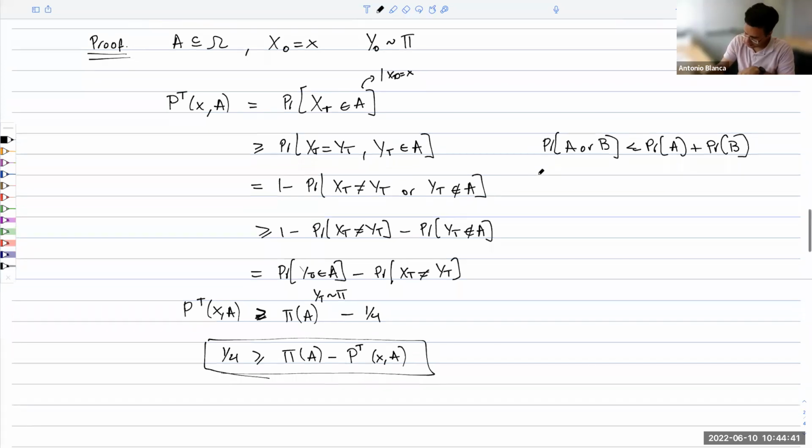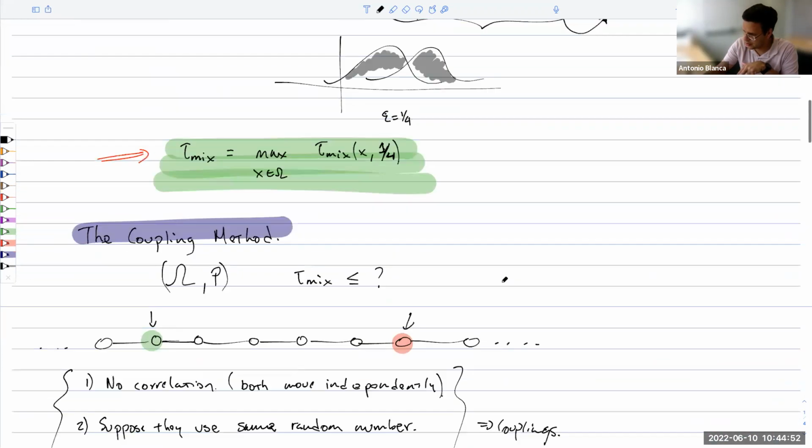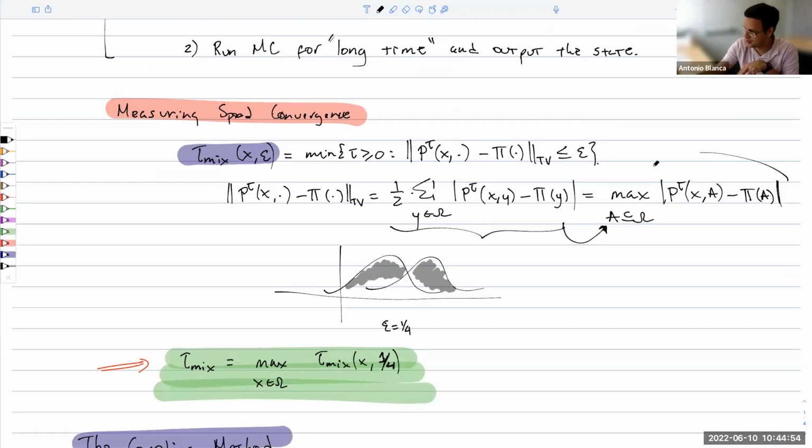But the point is that we're getting a 1/4 bound for any set A, except for the absolute values. So the rest of the proof is just picking the right set and dealing with the absolute value.